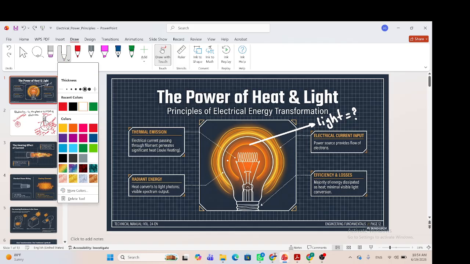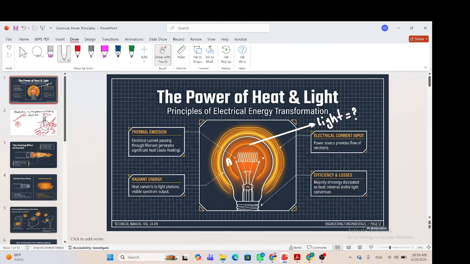From point A to point B, this part of the lamp does what? It resists against the flow of electricity. When they resist, the electrons come with a very high speed from outside the lamp to inside the lamp, and until this point they do not have any problem.